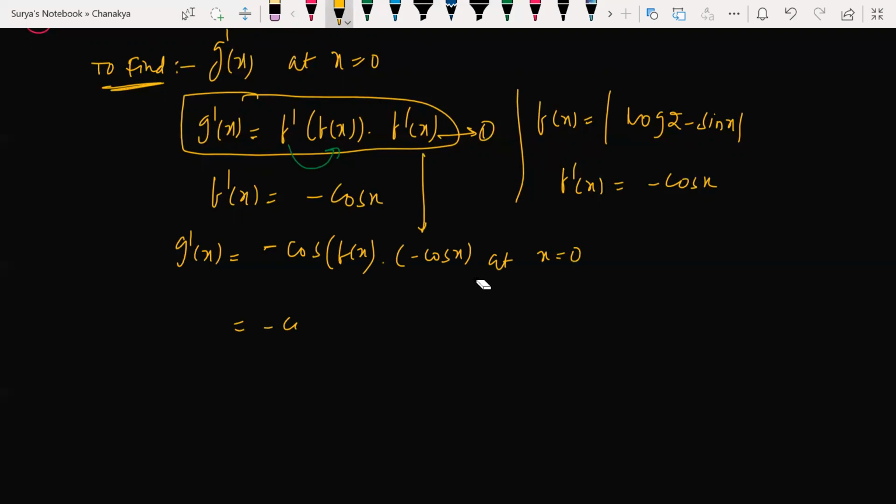So minus cos f of 0 into minus cos 0. f of 0 is nothing but f of x at 0, so modulus of log 2 minus sin 0.